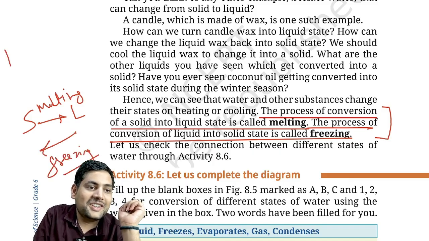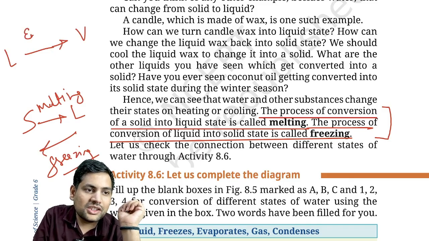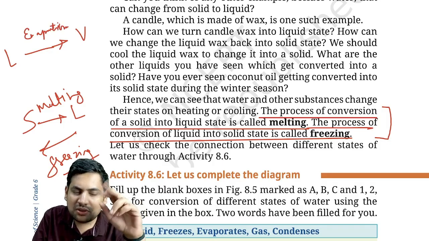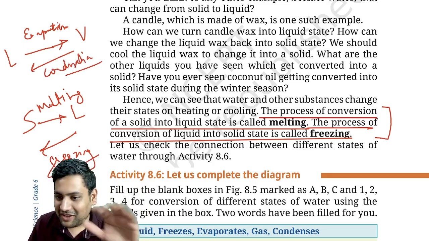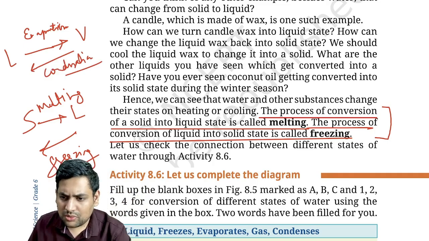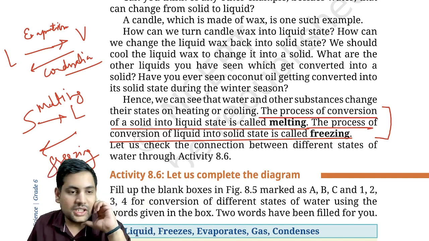Similarly, liquid to vapor is called evaporation, or you will learn about boiling also later on. Those are two different phenomena. And vapor to liquid is called condensation. Simple, very simple till now. Mostly we have understood this using water because the chapter's name is around water only.